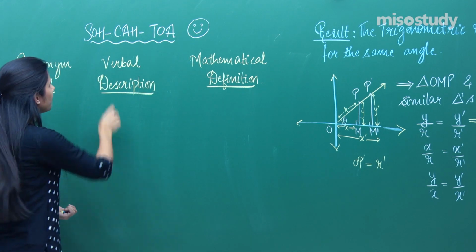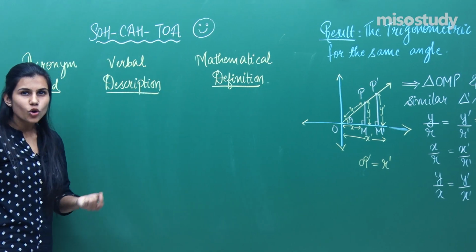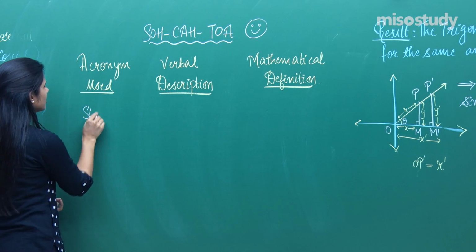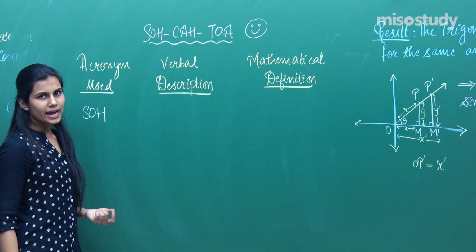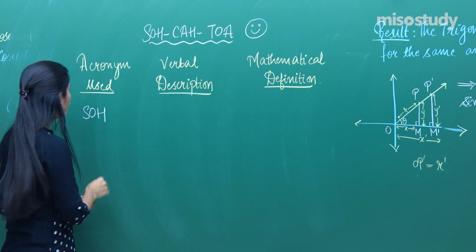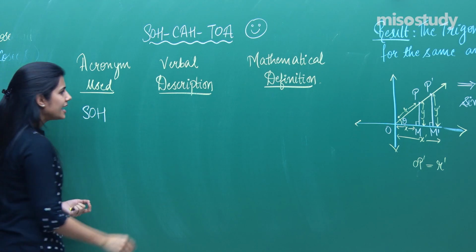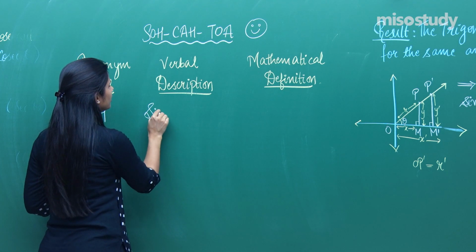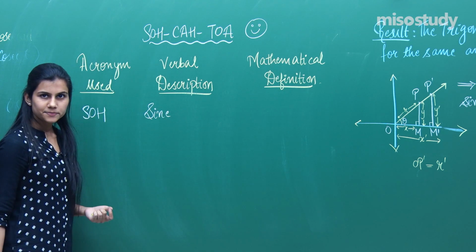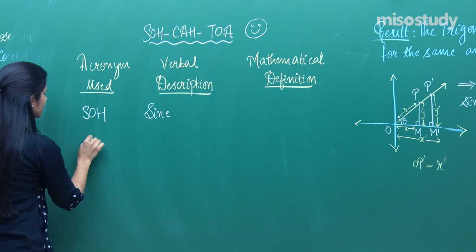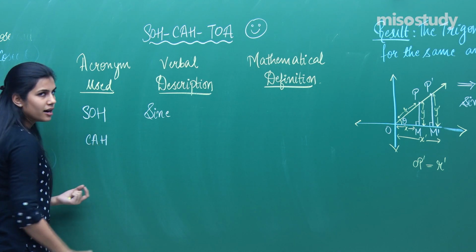The very first part of this acronym, which is SOHCAHTOA, is SOH, which is so. Over here, concentrate on the letter S. S stands for sine. The next is CAH.